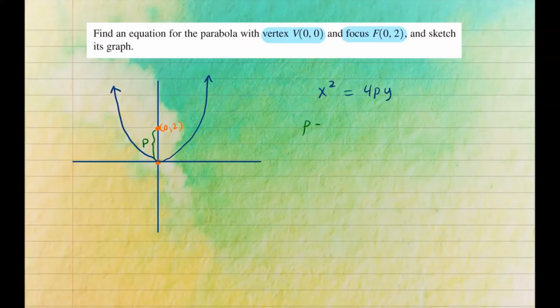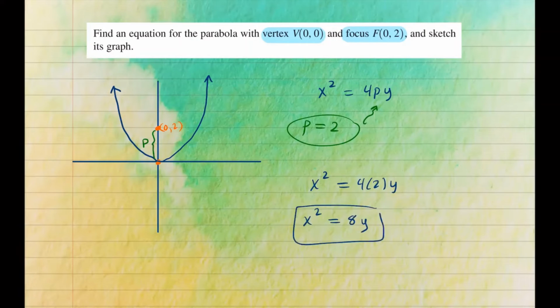So from that point, we know that p is 2. So that means the equation is going to be just simply plugging in p, so you'll have x squared is equal to 4 times 2y. So the equation of this parabola is x squared is equal to 8y. So that would be the equation.